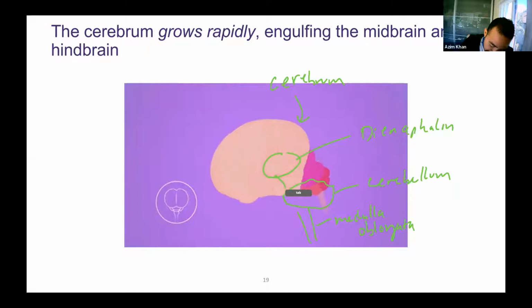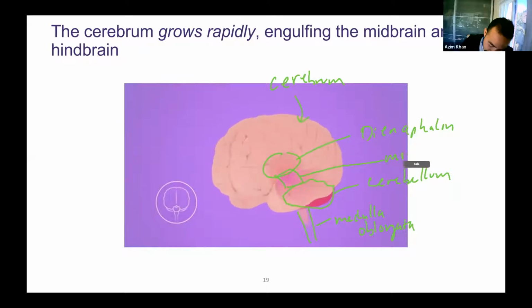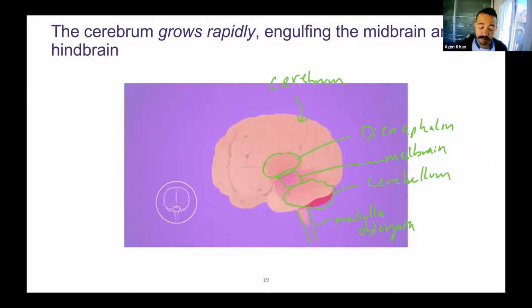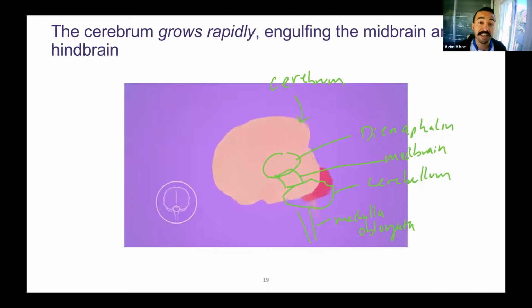Midbrain is hiding, but it's over here. And there are other parts, of course, but this is generally what we see. So that's the progression of development. I'm not going to test you on the timing of all this, but this goes throughout fetal development, and our brains continue developing until we're roughly 20-something.